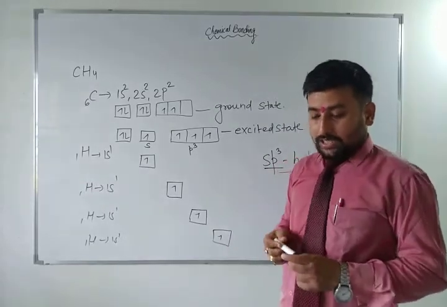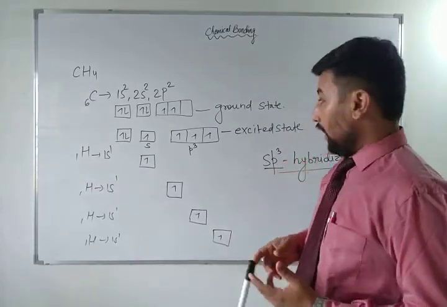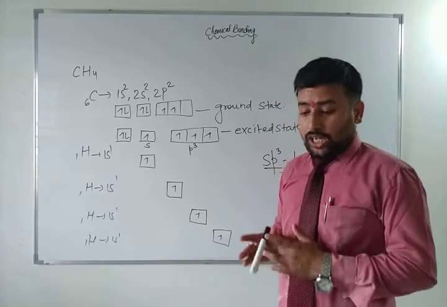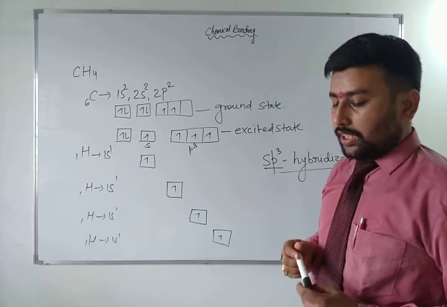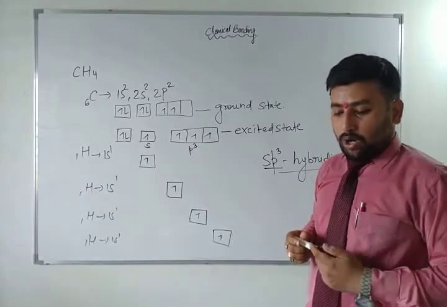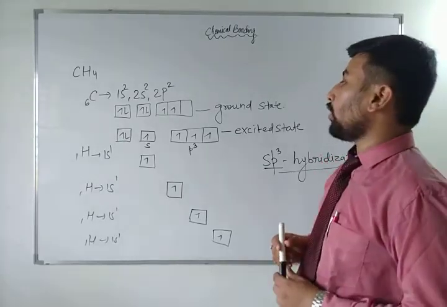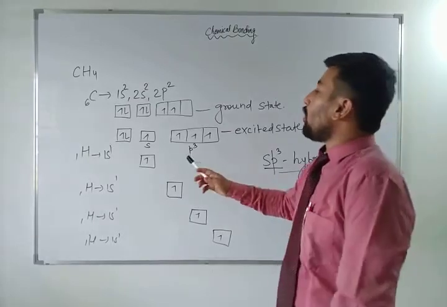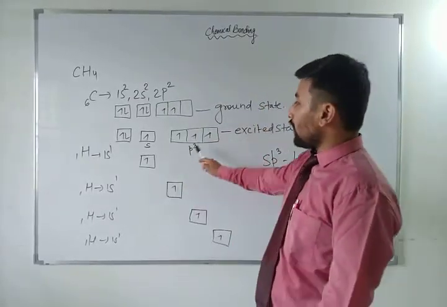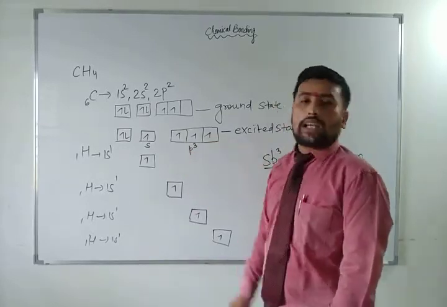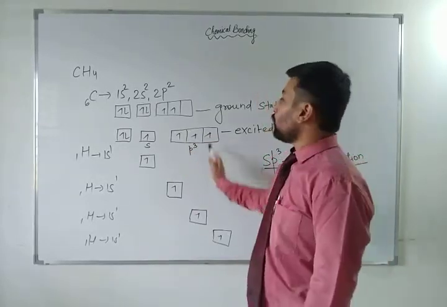The hybridized orbitals are always equivalent in energy and shape. The hybrid orbitals are more effective in forming stable bonds than the pure atomic orbitals. If anybody asks which one is more stable, you can directly know: half-filled is extra stable, so 2p3.